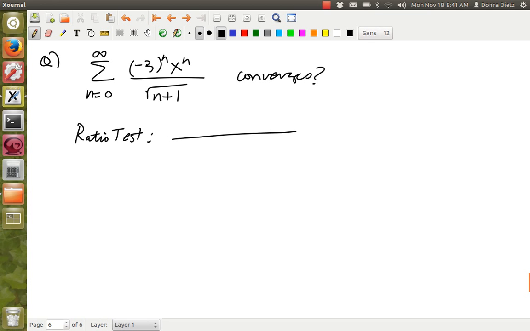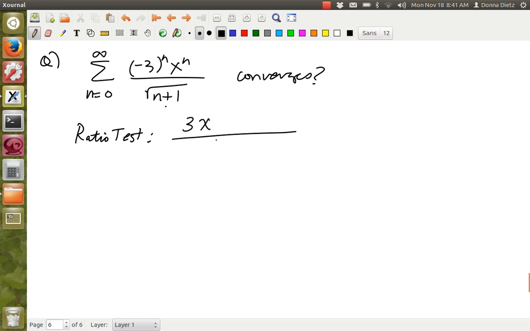Okay, so if you have the negative 3 to the n, you're going to have negative 3 to the n downstairs and negative 3 to the n plus 1 upstairs. So what are you going to end up with? You're going to end up with just a 3, because this thing is in absolute values anyway. What about x? The x piece has the same property. You're going to end up with x to the n in the bottom, x to the n plus 1 upstairs, and so that's going to give you just an x upstairs.